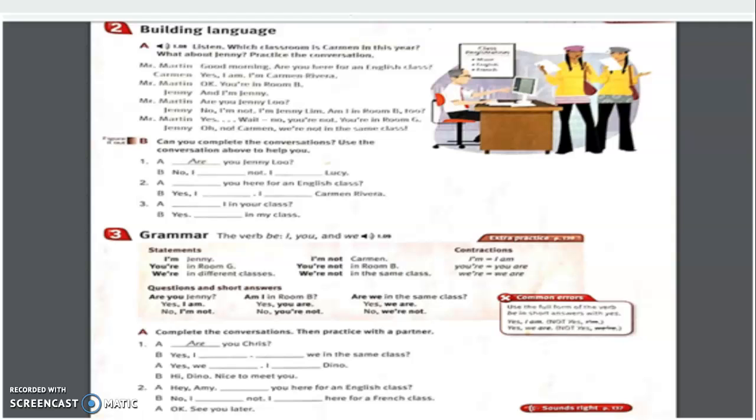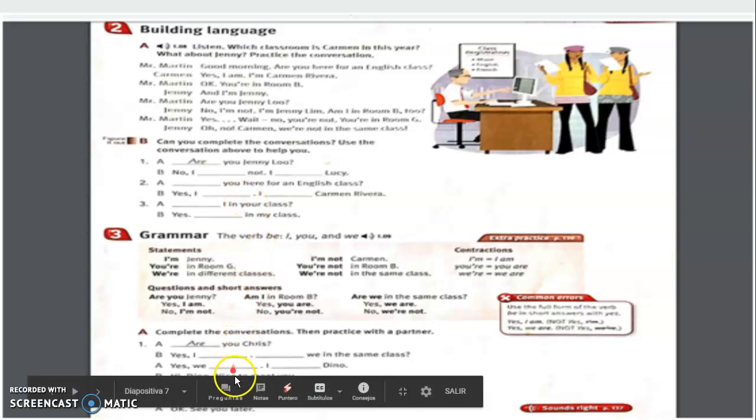What about Jenny? Practice the conversation. Here we have an audio. You're going to listen, repeat, and later in section B, we have writing practice. You need to complete all the information that you find here according to the conversation.